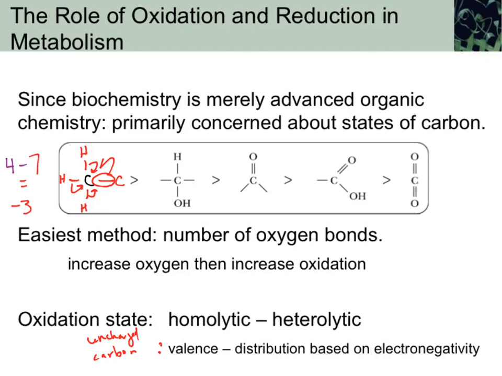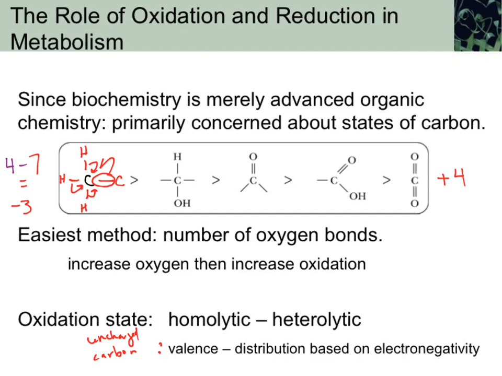So you end up with a -3 on the fully reduced side, and on our fully oxidized side, we had a +4. If we think back to what we were talking about with oxidation and reduction, the oxidation term doesn't really mean much, but our reduction term meant we went to smaller oxidation numbers.